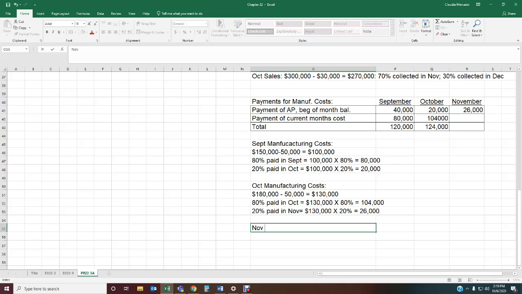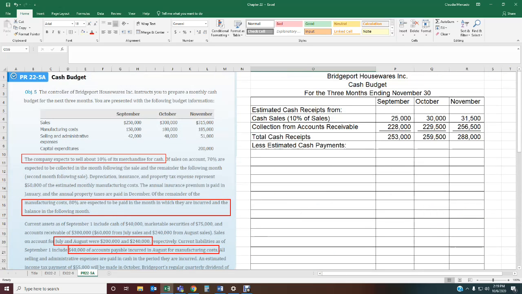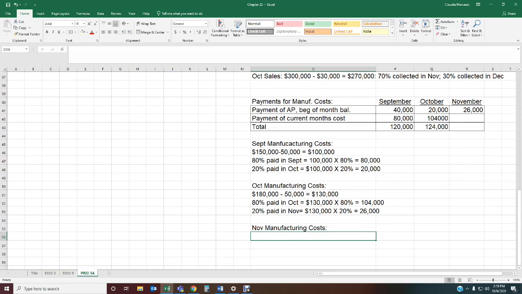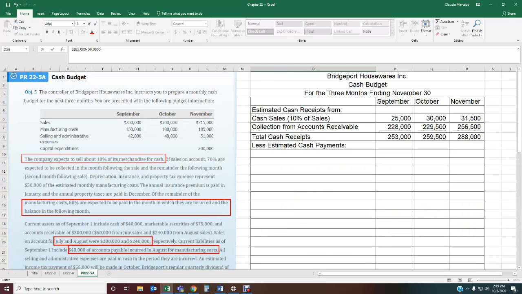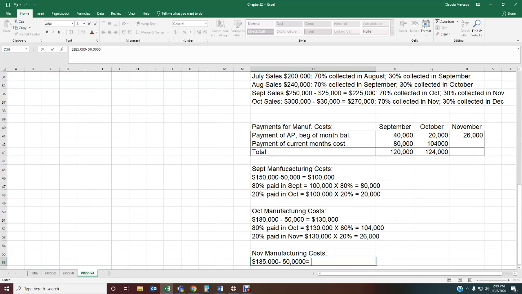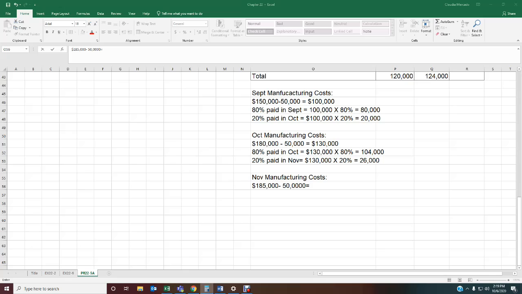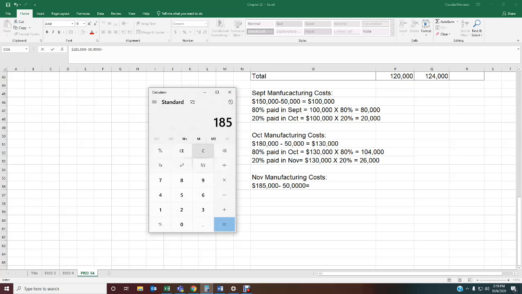Now let's look at my November manufacturing costs. For November, I have $185,000. I'm going to subtract my $50,000 for depreciation, insurance, and property tax. 185,000 minus 50,000 gives me $135,000.